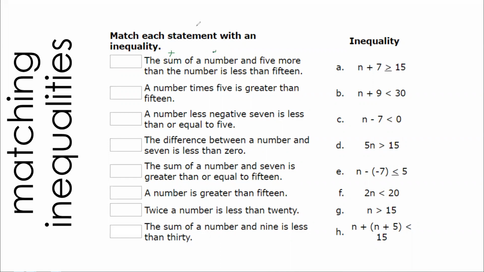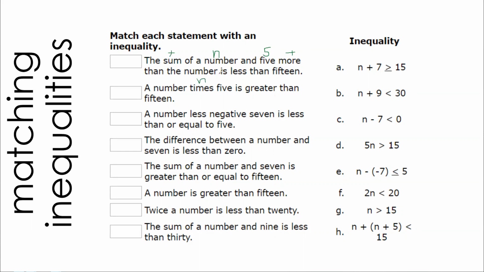I don't know what that number is, so I'm going to plug in a variable, and the variable I'm going to use is n. So the sum of a number and 5, so I have a number there, more than means I'm going to be adding the number. Again, I don't know what that variable is, so I'm just going to write n.